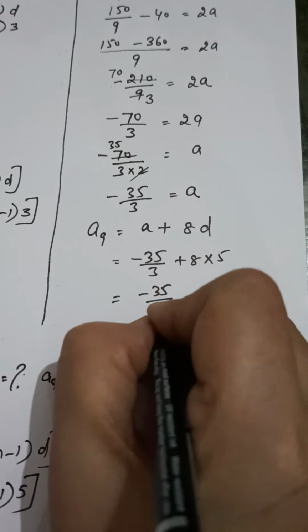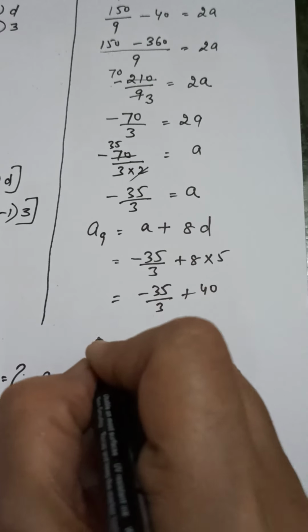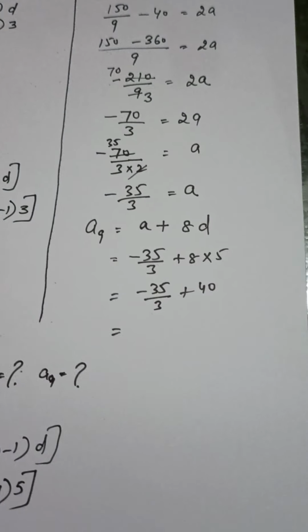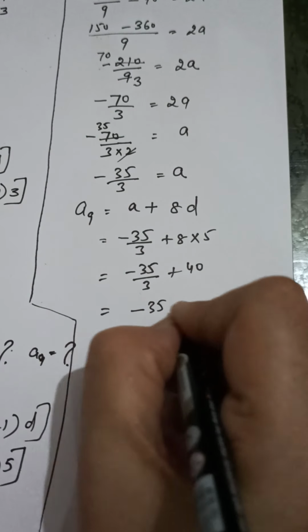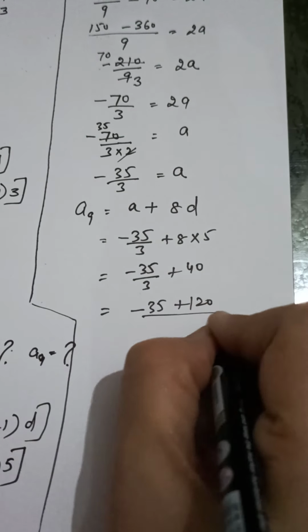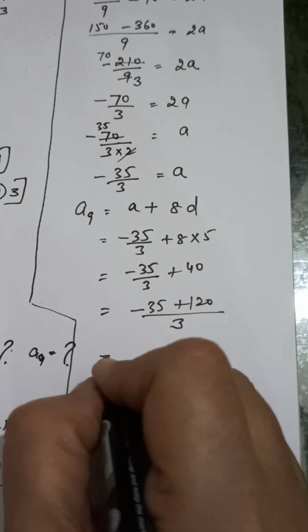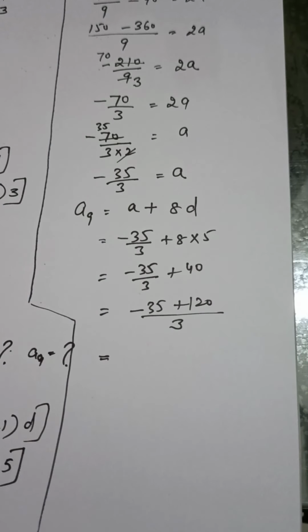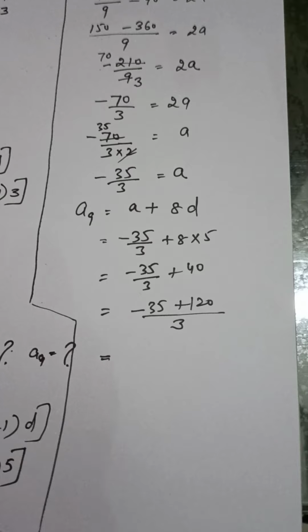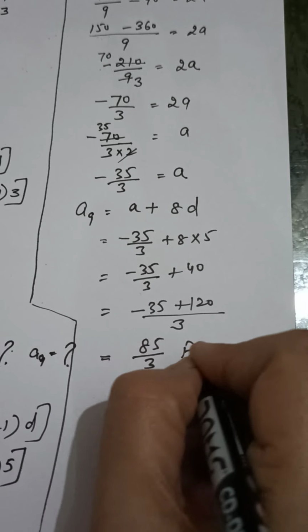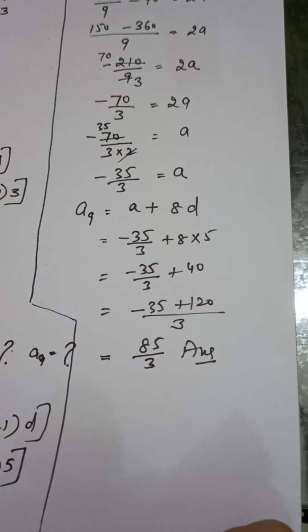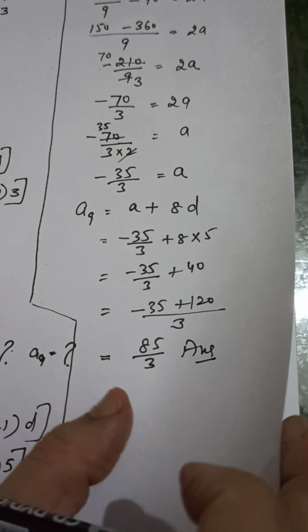Minus 35 by 3 plus 40. What we get here? That is minus 35 plus 120, by taking LCM, we have to add. That is equal to 85 by 3. So that is your answer of a9, 85 by 3.